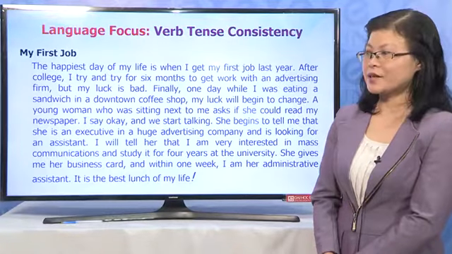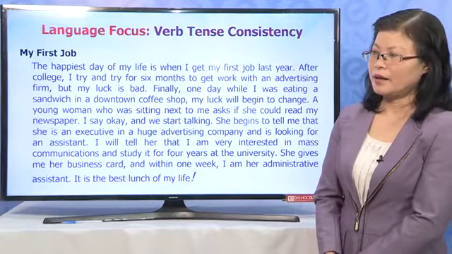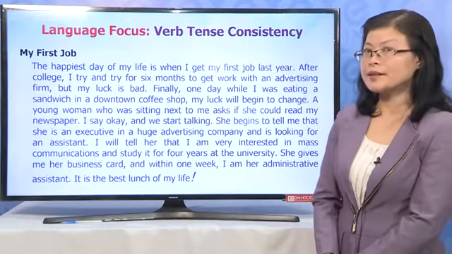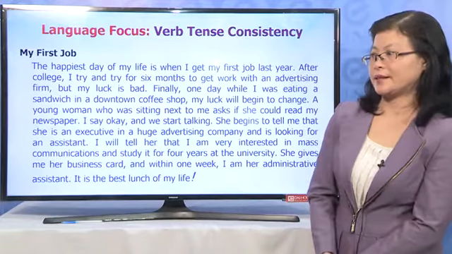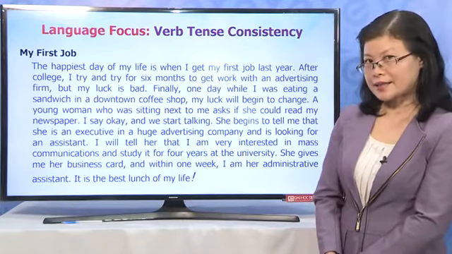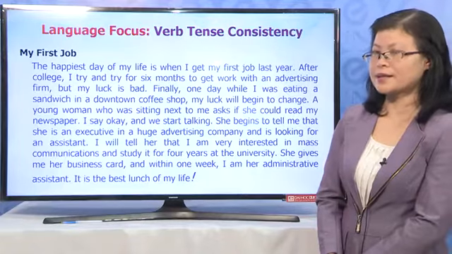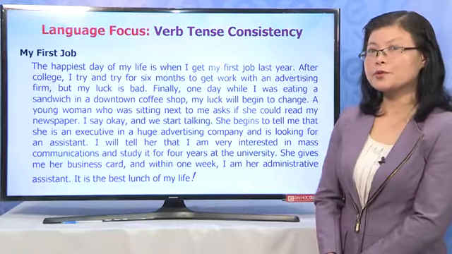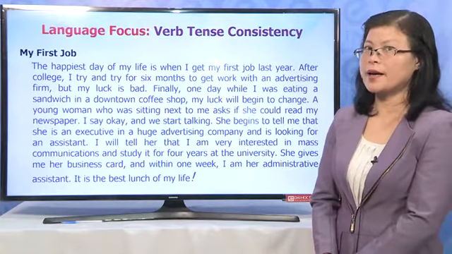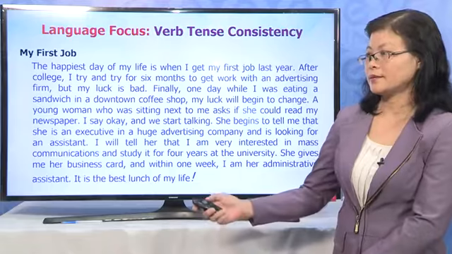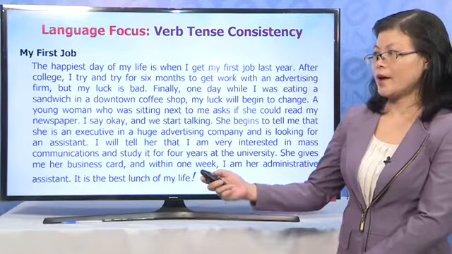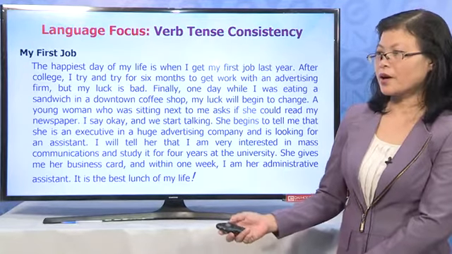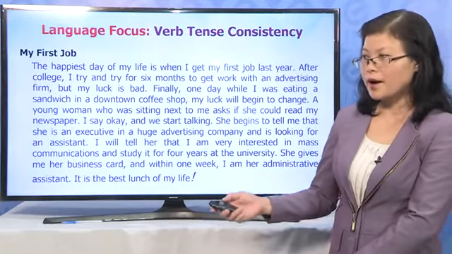So in the first sentence, you can see that verb be is put in present tense, is, okay, and then verb get also in present tense. So what should you do? You have to put these verbs in past tense. We have is, get. After college, I tried and tried.